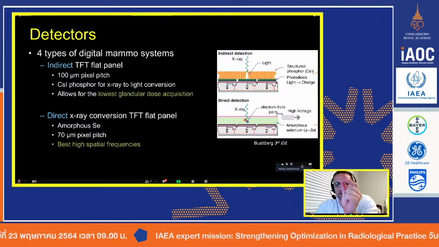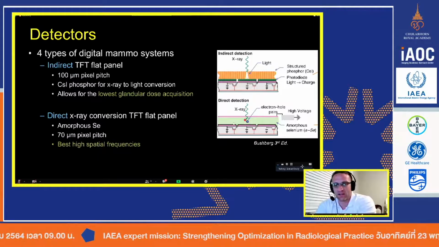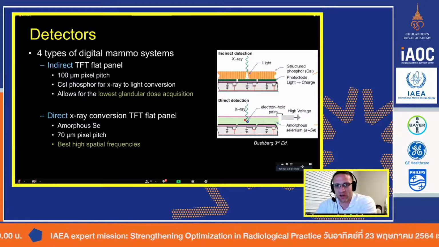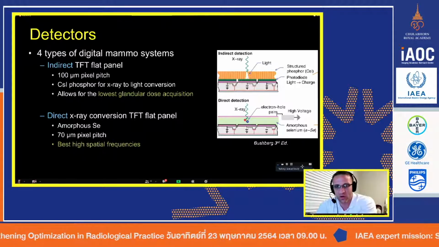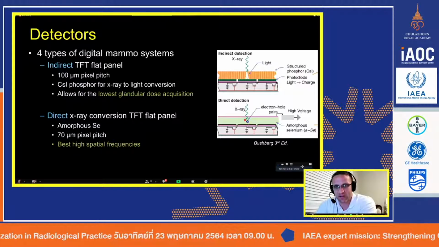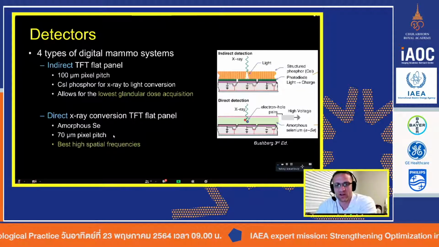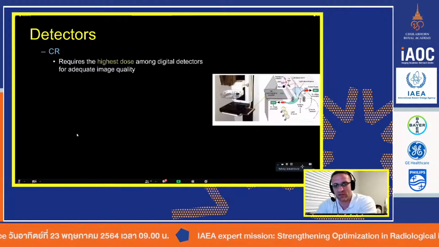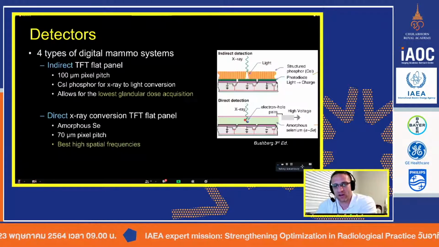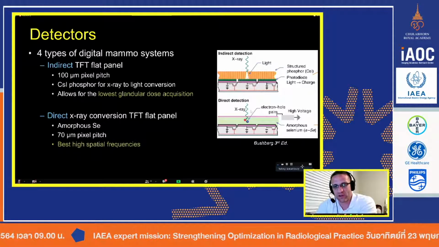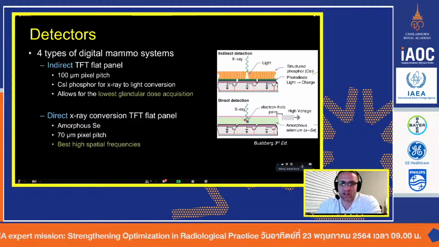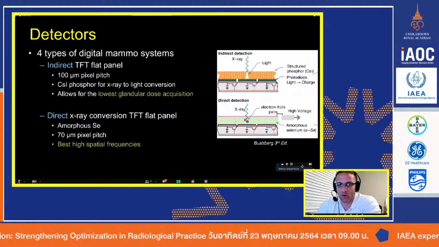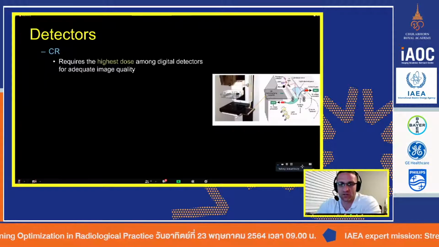When the photon comes in here and liberates this electron, that electron will not spread. That electron will not travel. Because there's an electrical bias here, that electron will go straight to the bias, and then the lack of electrons will be on the other side. So great spatial resolution, but because you don't have a cascading effect like you do up here, you don't have that amplification of signal. Therefore, the dose tends to be a little bit higher. You just need more photons in this kind of situation.